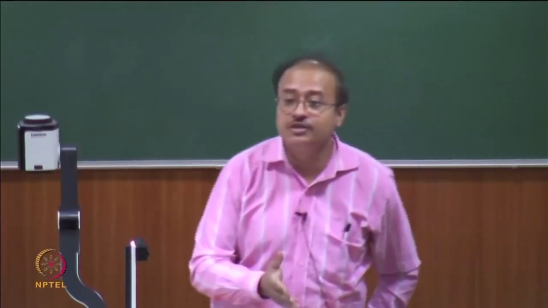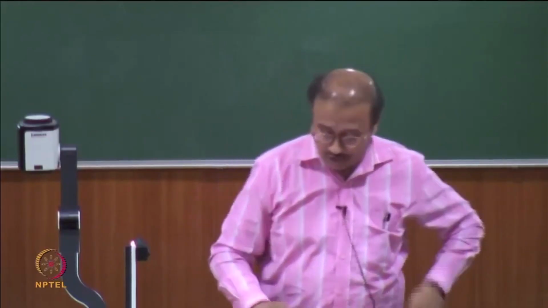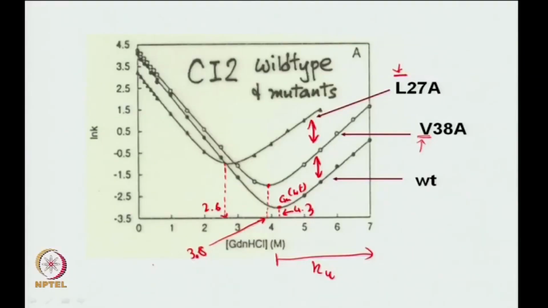The left side is the folding side, right. This is your folding side, Kf. Okay. Do you see that much of a difference between the Kf's as you saw between the Ku's? Okay. Tell me in one word, what does it mean?